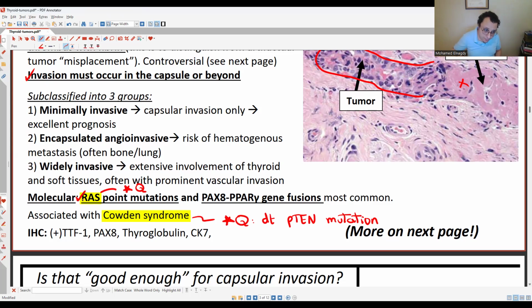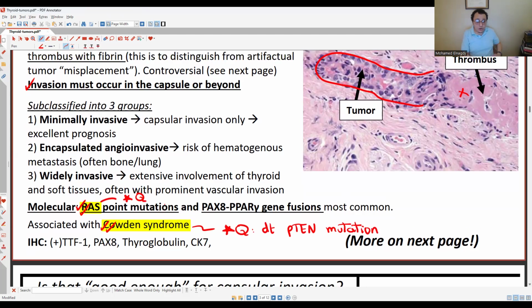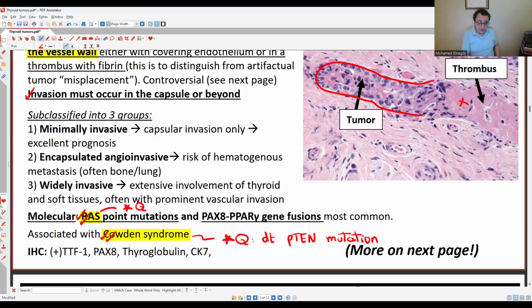Same thing, follicular adenoma and follicular carcinoma, both are RAS positive, RAS point mutation. And both of them are associated with Cowden syndrome. The Cowden syndrome, by the way, is due to PTEN mutation. But we will talk about Cowden syndrome in detail later.